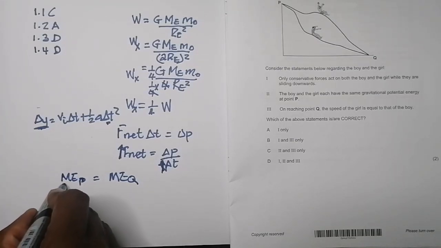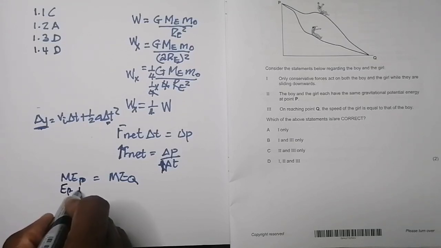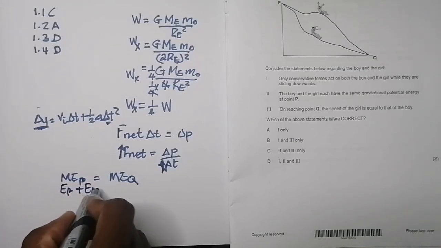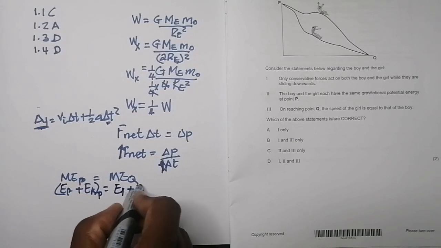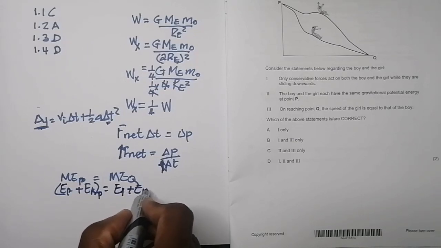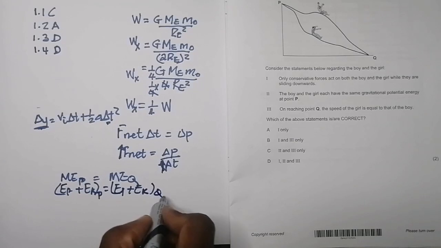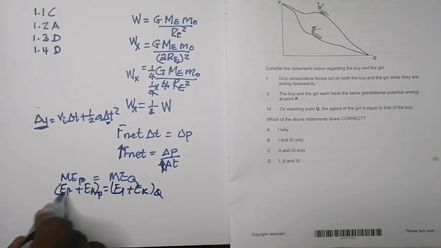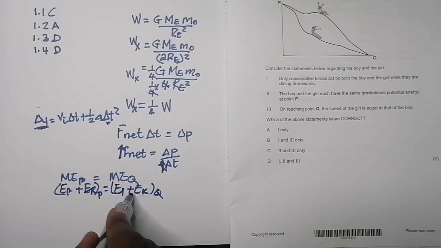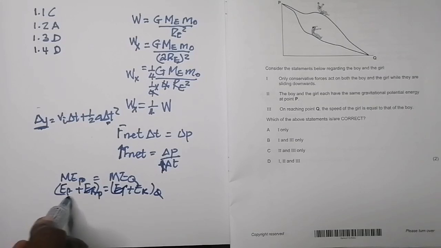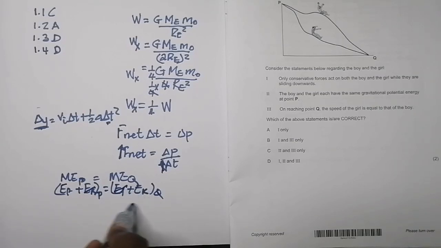So potential energy at P plus kinetic energy at P equals potential energy at Q plus kinetic energy at Q. But what do you notice? At P they have no kinetic energy, and at Q they have no potential energy. So it means that EP at P should be equal to EK at Q.